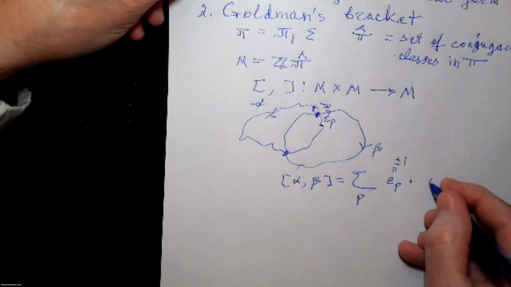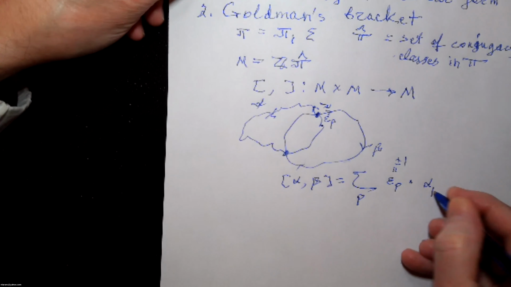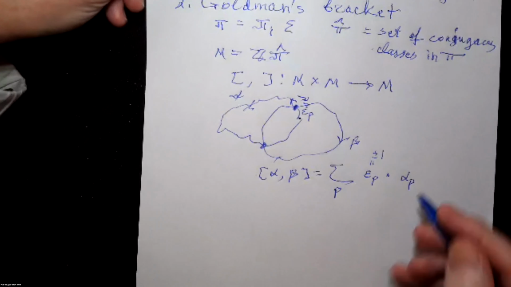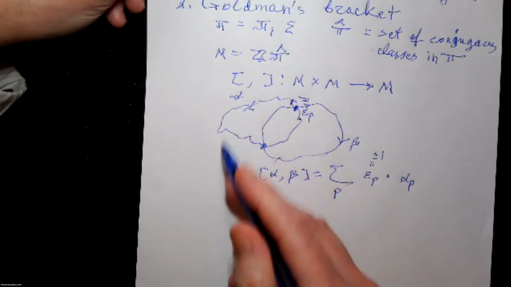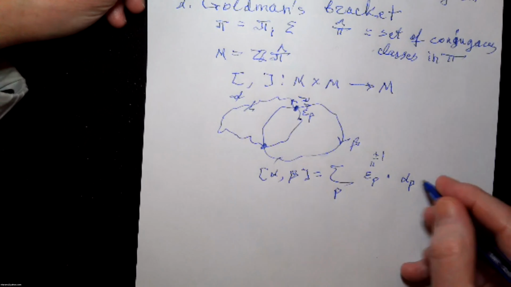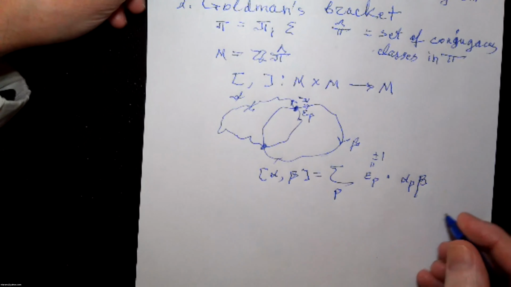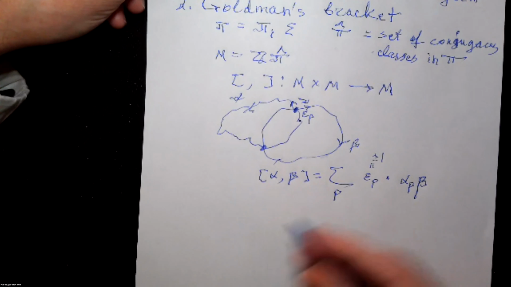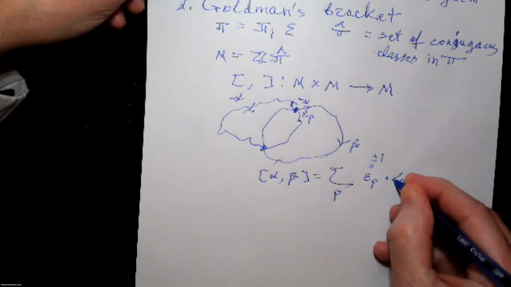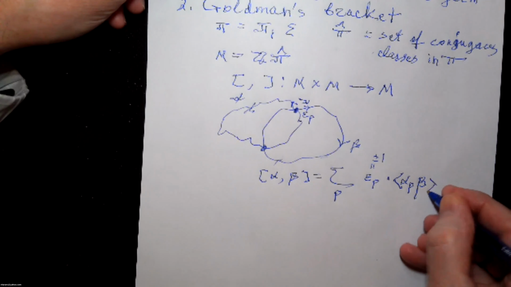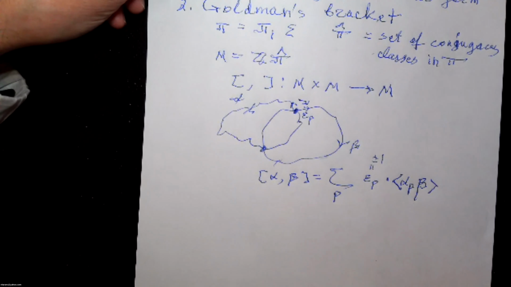So you take alpha, based at P, so follow along alpha starting and ending in P, then multiplied by the loop beta starting and ending in P, and then we take the free homotopy class, or the conjugacy class, of that loop.